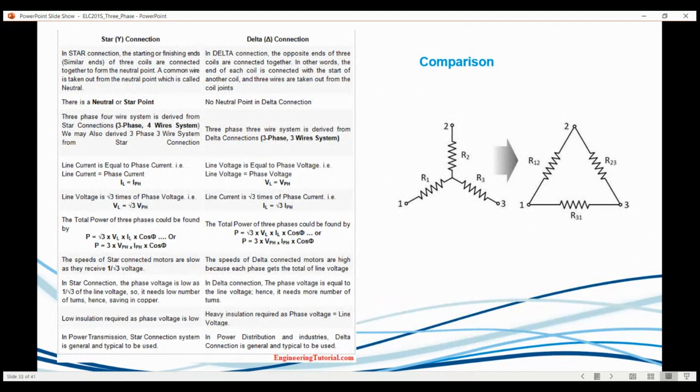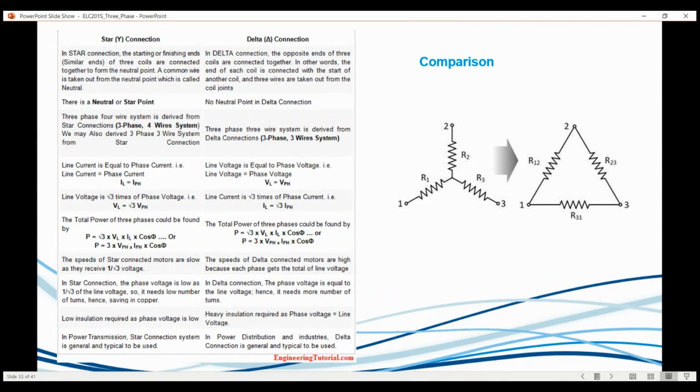You can have a look at that yourself. I think I mentioned a few, but just some key factors there. The speed of delta motors are high because there's a bigger line voltage. Star motors will be slower, the speed. Star connection, you require less turns because of the voltage.